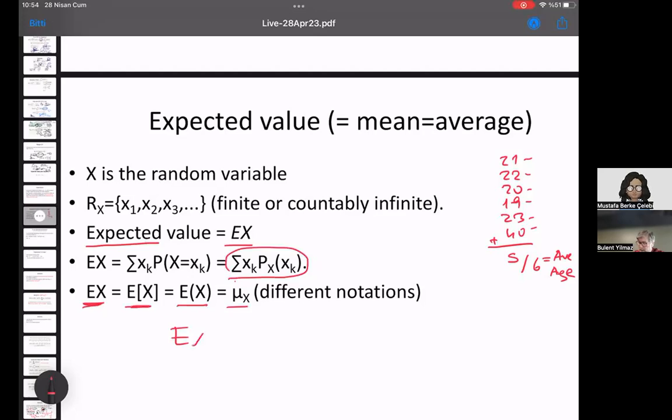But the whole idea is summing up for discrete random variables. I'm going to add up the value, xk is my value, and then the probability of that value.